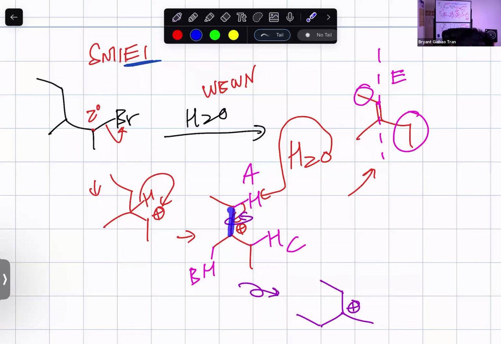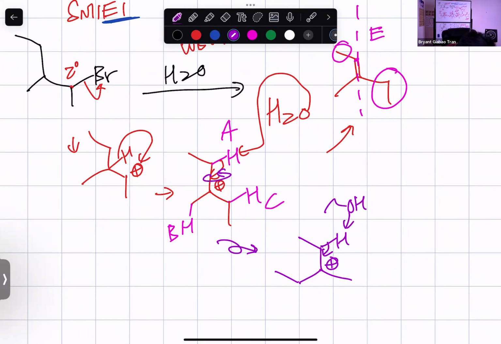And if I rotate it, I'm going to swap these two groups, the methyl group and the ethyl group. And if I swap them, they swap into each other's places like that. Then I'm still going to deprotonate the most substituted beta hydrogen to make a double bond there. But this one here is different than the previous one because this alkene right here is Z. And there are two different products.